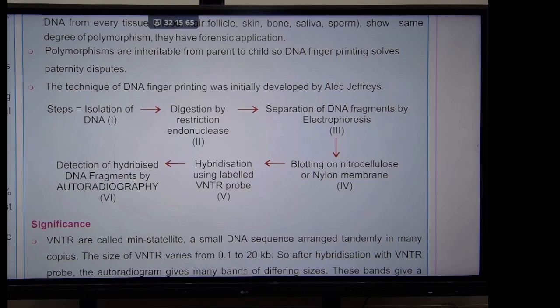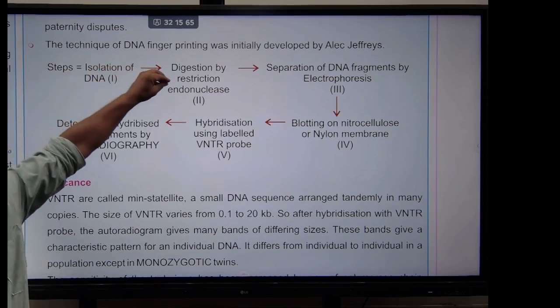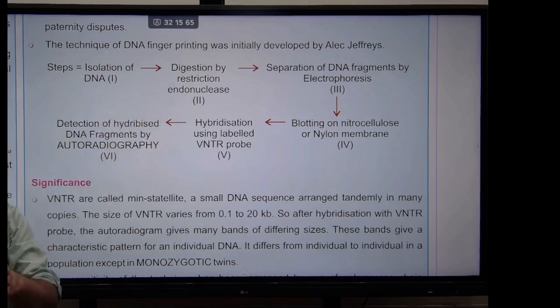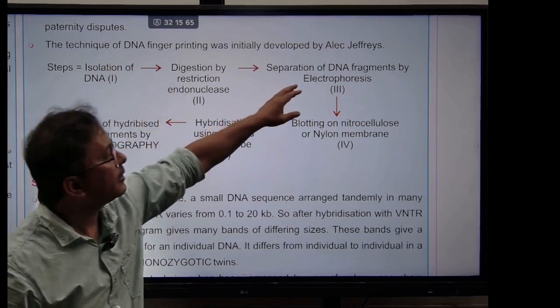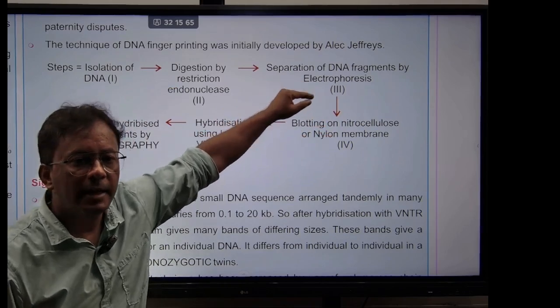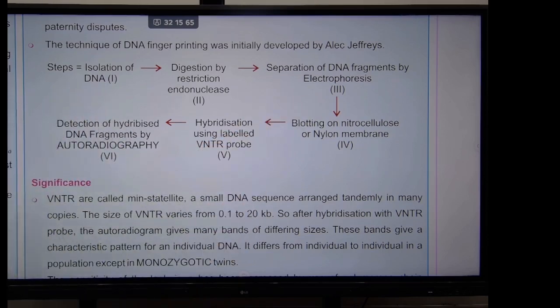So how is it done? Simple. First, you isolate the DNA from the person and use enzymes called restriction endonucleases to cut it into smaller fragments. Then the DNA fragments are separated by a method called electrophoresis, which separates them based on length and charge, right?